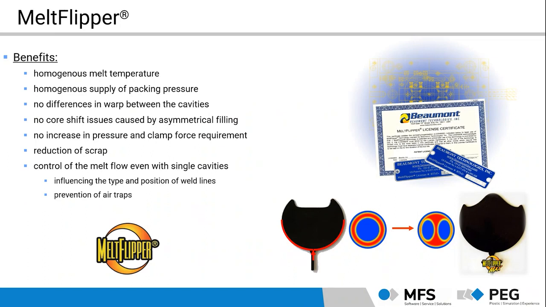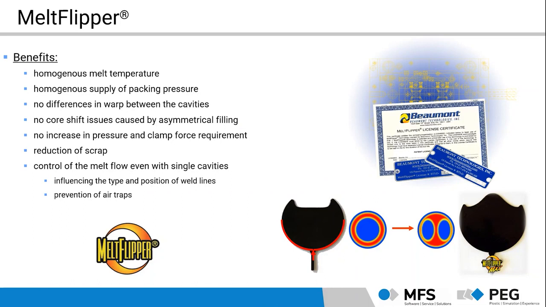Yeah, this leads us to the benefits as such. So we will achieve a homogeneous melt temperature, homogeneous supply of packing pressure. That means no difference in warp between the cavities. We can eliminate maybe core shift issues, which are caused by asymmetrical filling.